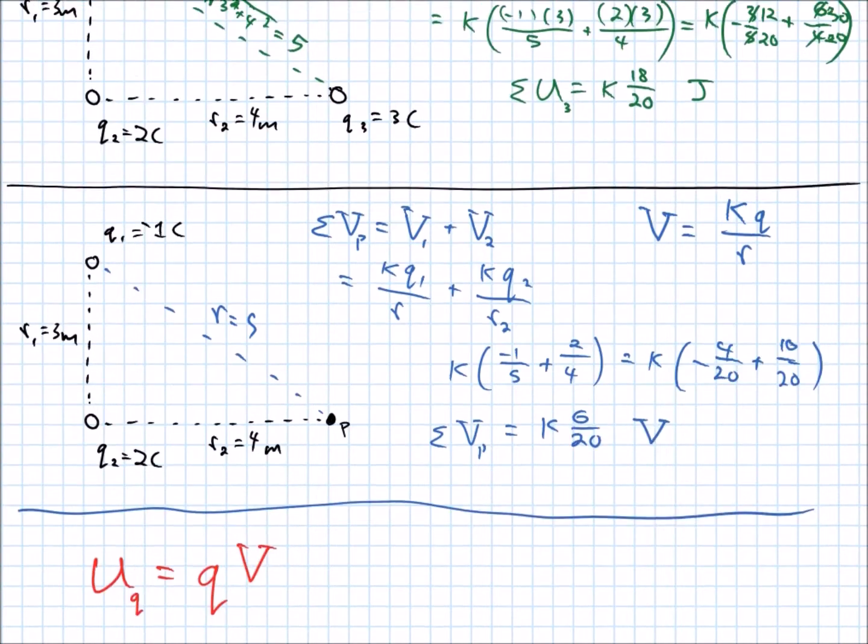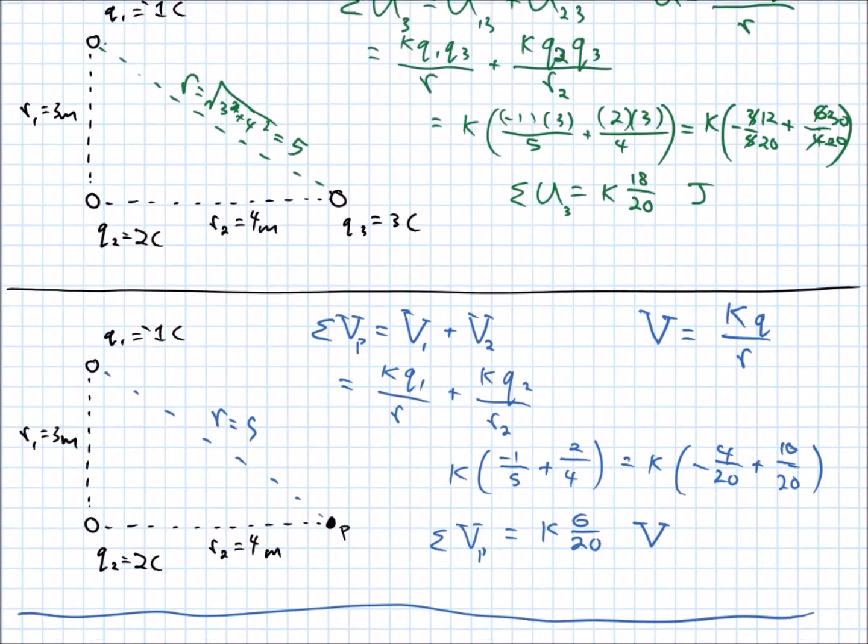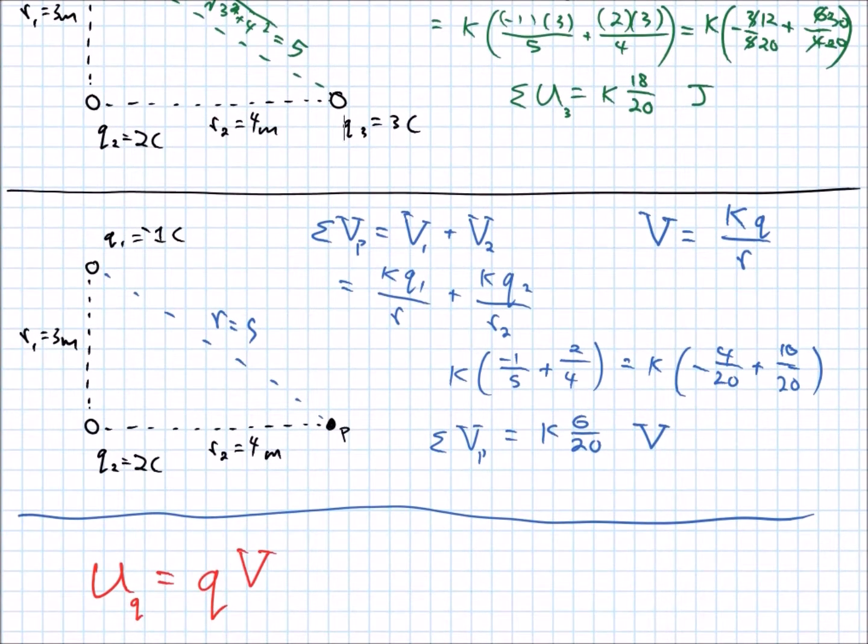Then up here, we found the energy that this charge has. This charge is sitting at what is a vacant point in the lower problem. So because there's a charge here now, we can find the electric potential energy that this charge has because of Q1 and Q2, like we did. However, we didn't have to reanalyze the geometry both times.